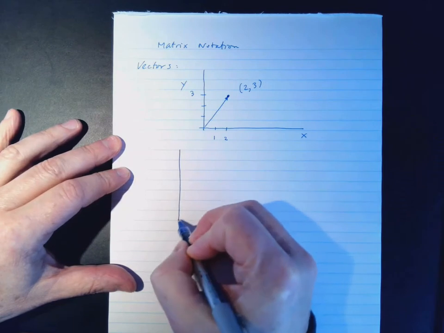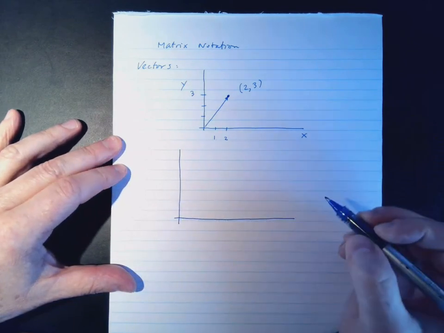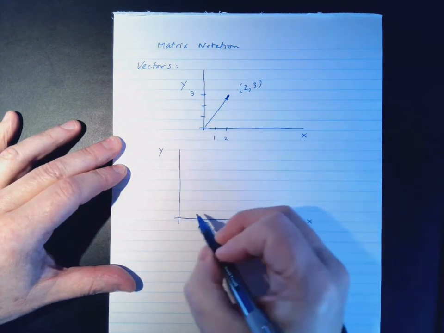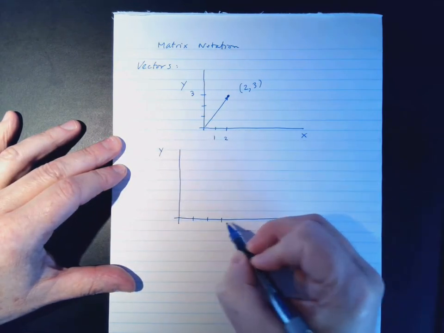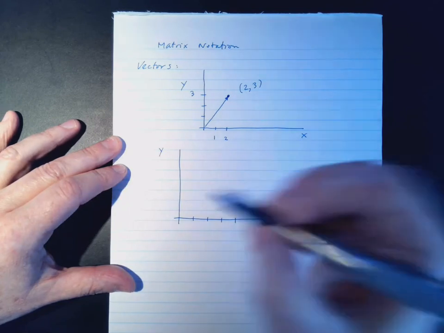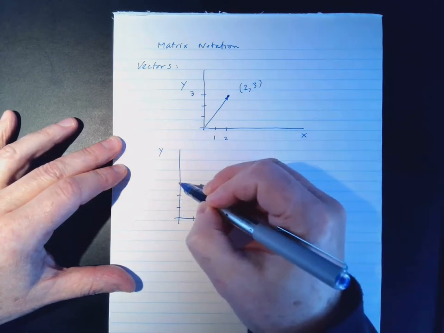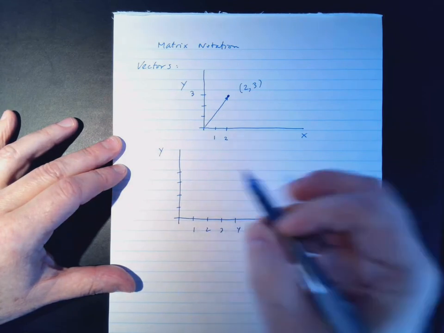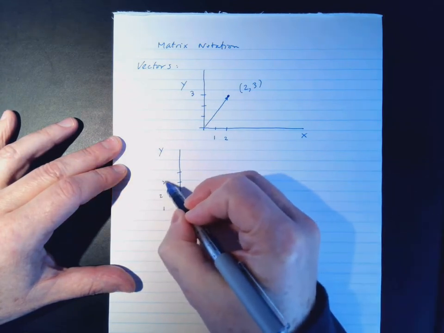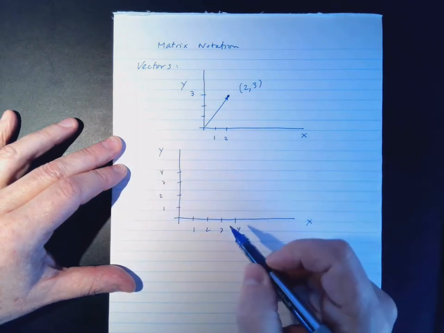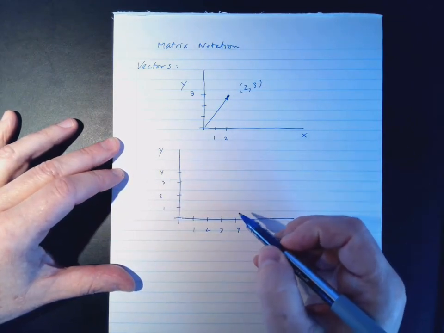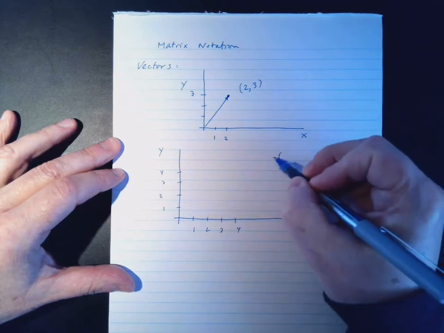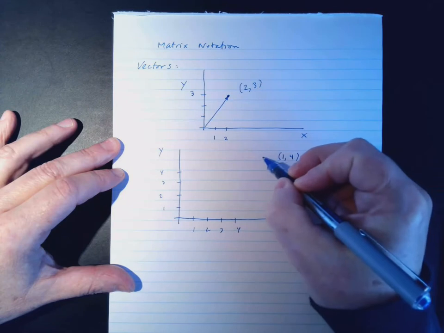All right, so let's draw another little graph here. Again, we've got two dimensions, and we'll mark out some numbers along the horizontal axis and some numbers along the vertical axis: 1, 2, 3, 4, and 1, 2, 3, 4. Let's draw two vectors. We'll draw vector A, which is the pair of numbers 1, 4.